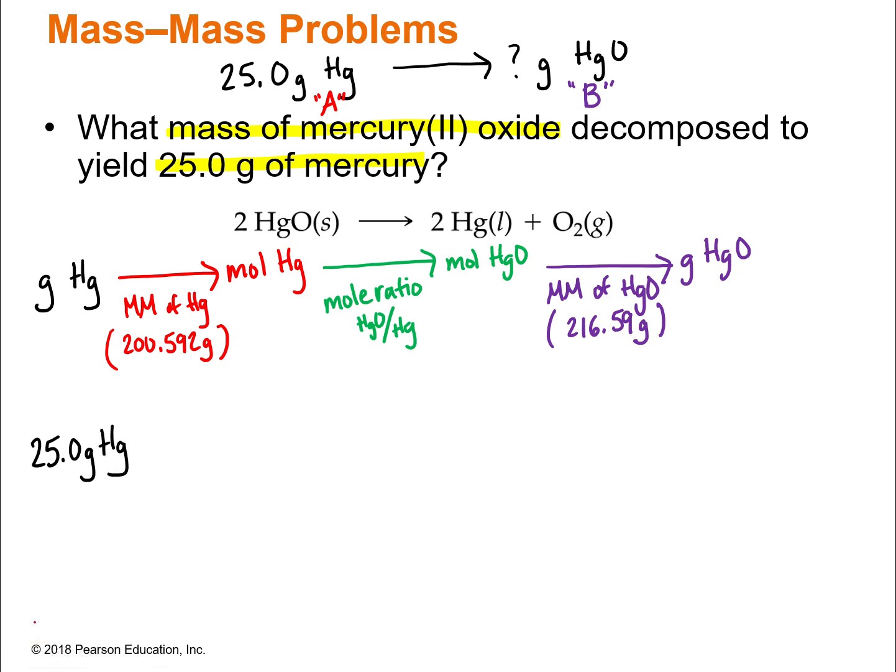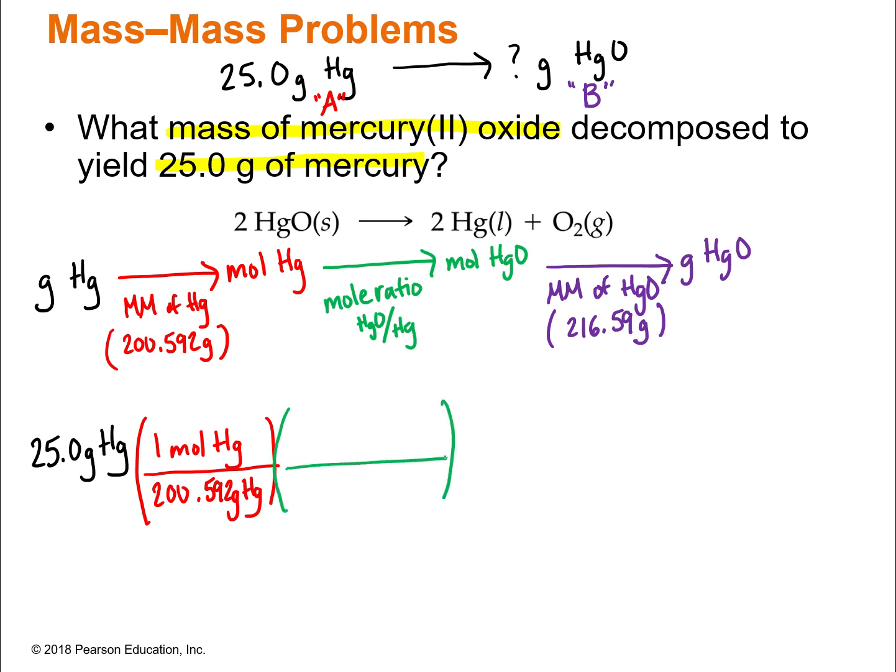We're starting with 25 grams. Moles go in the top. Then we do our mole ratio. It's got to be mercury 2 oxide on the top, mercury on the bottom. That's our B over A.